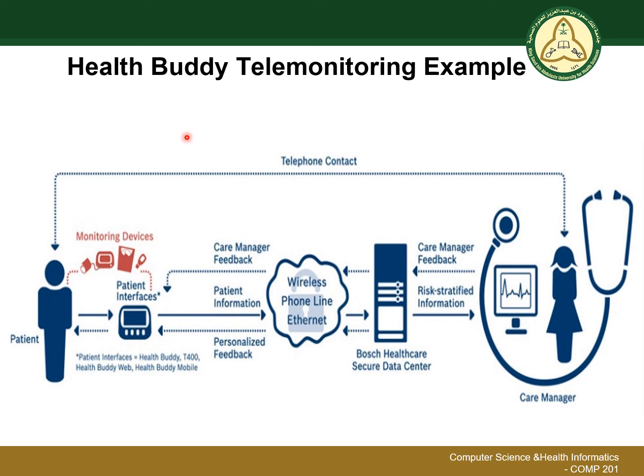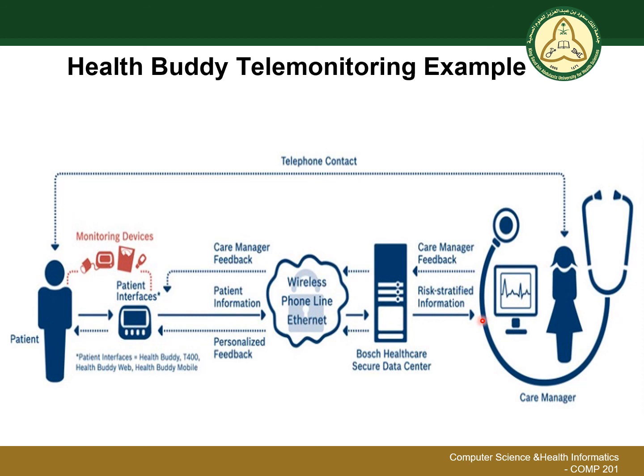The data will be sent over wireless telephone lines through a network, and the device will come with desktop decision support software. So based on the patient information, a decision support will be taken.